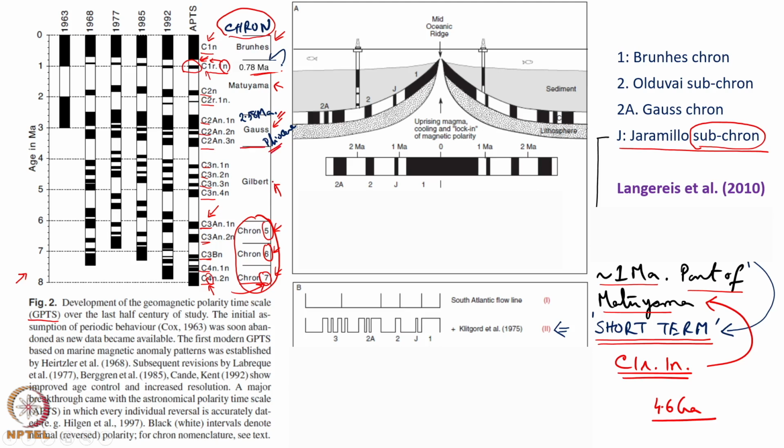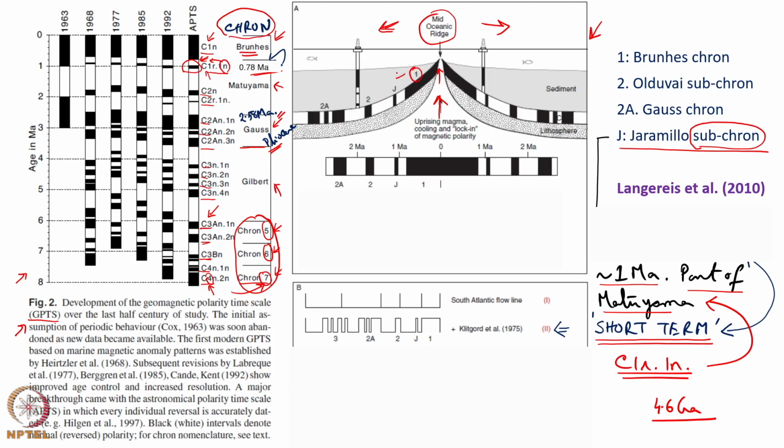If we compare this GPTS with the magnetic anomalies in the sea floor, consider a mid-oceanic ridge, and here is the upwelling magma and the older igneous rock is pushed to both sides due to the influx of new batches of lava. Here geoscientists have been able to locate C1, Chron 1, which is the Brunes.